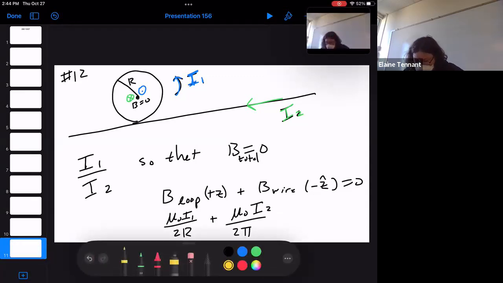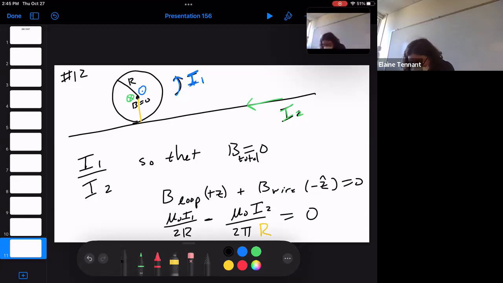So in particular, this distance. What would you call that? I would call it R. Yes, R is a good answer. Okay, and this needs to add up to 0. This really needs to be a minus sign because it's in the negative Z direction.